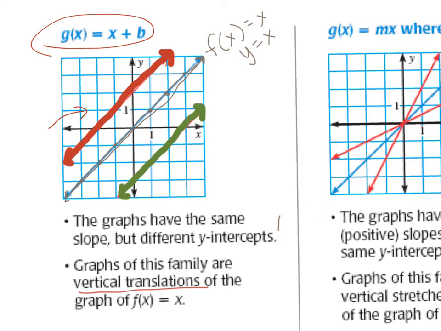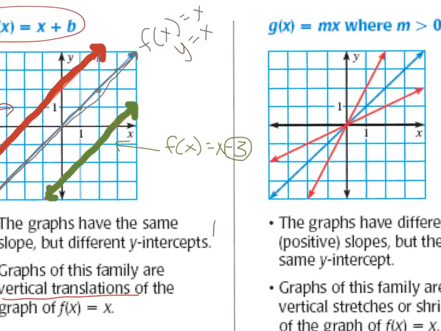So like f of x equals x plus 2 is going to be shifted up because you are adding 2. If you subtract, so like f of x equals x minus 3, I'm subtracting 3, so that's going to shift it down. So really the only difference is I'm subtracting 3 on this one and I'm adding 2 on this one.